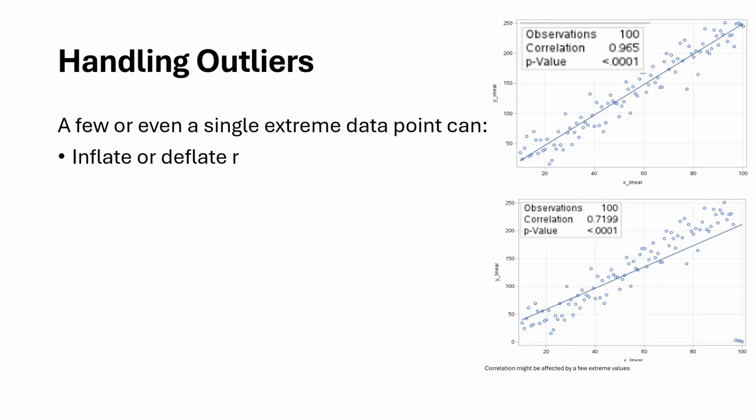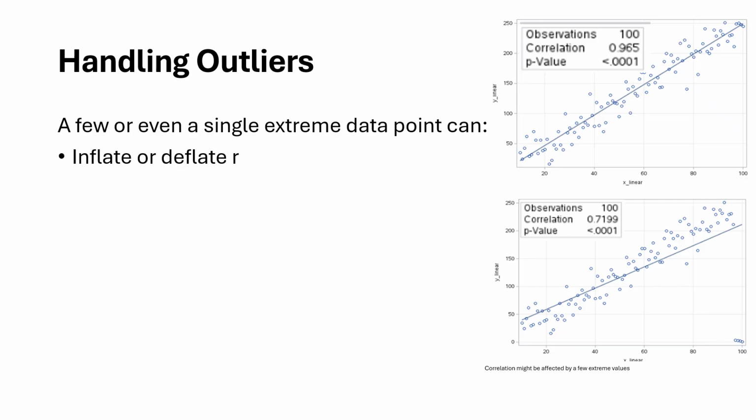For example, you can see in the figure on the right that there is an R value of 0.96 here. The line is almost passing through all the data points.